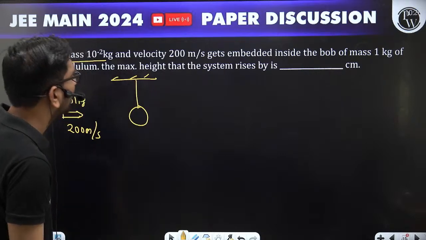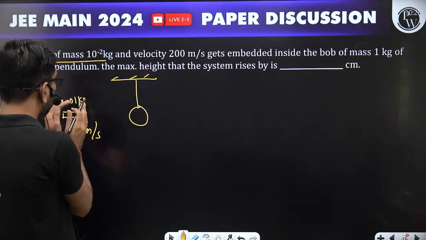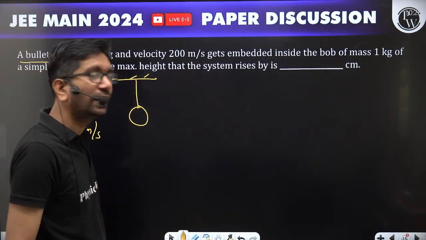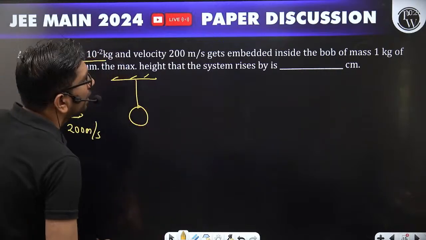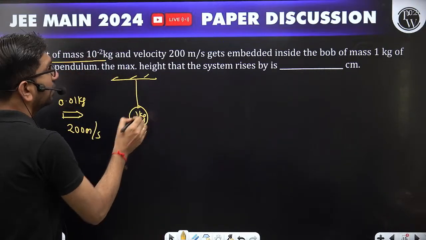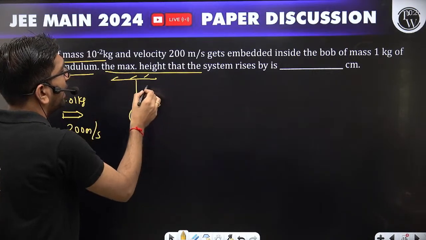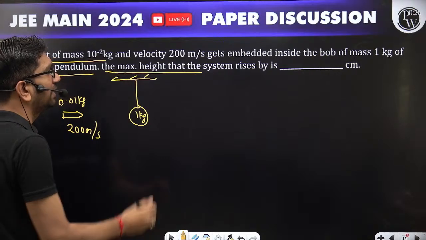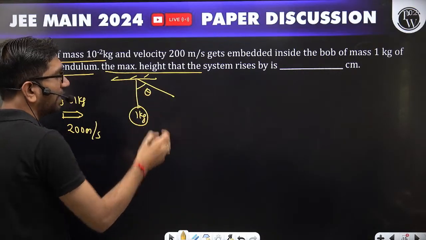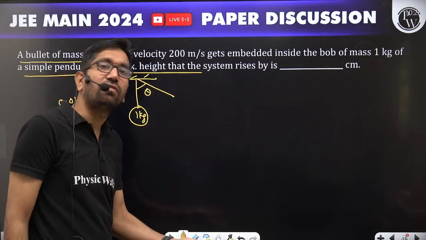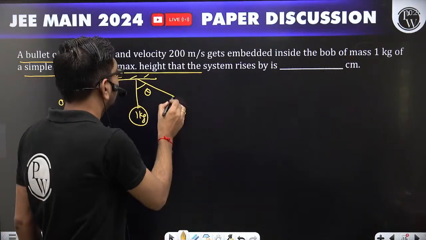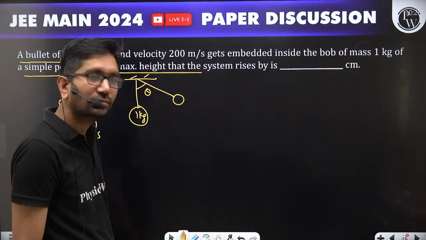Correct. That's it. So this bullet was penetrated inside the bob of 1 kg of a simple pendulum. The maximum height the system rises by, the maximum height you have to find out, beta. Is it clear?